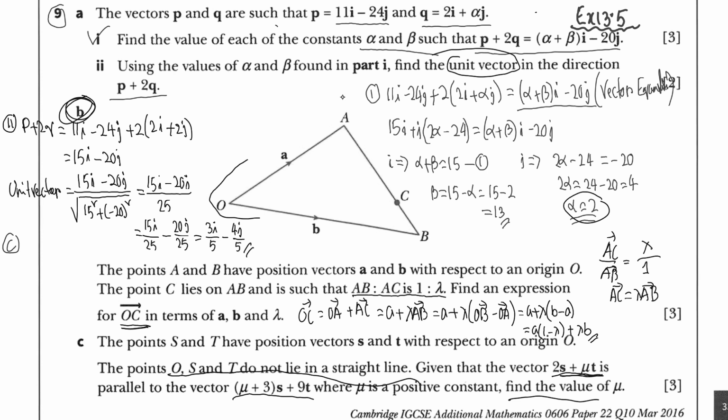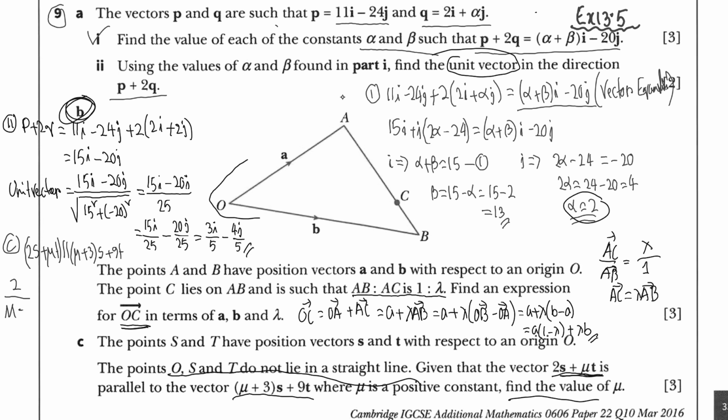If there is a relation given that 2s plus mu t is parallel to another vector, which is (mu plus 3) s plus 9t, then the relation is that the coefficients of the vectors are in proportion. The coefficient of s on the left side is 2, and on the right side it is mu plus 3.